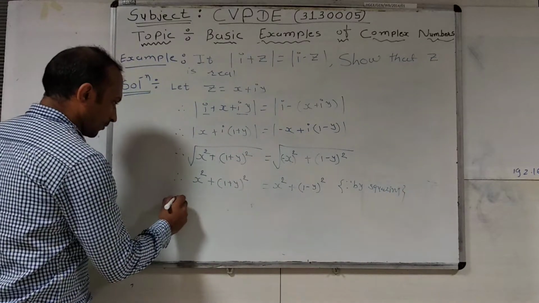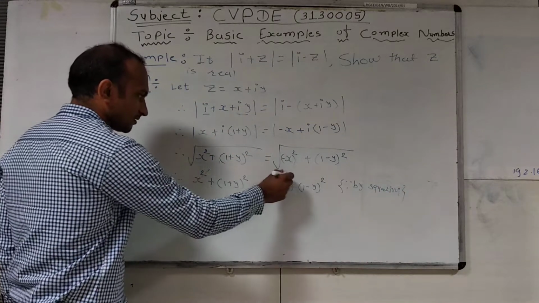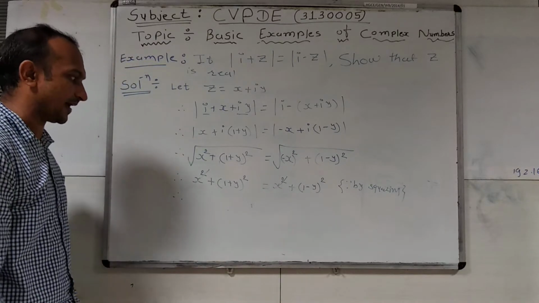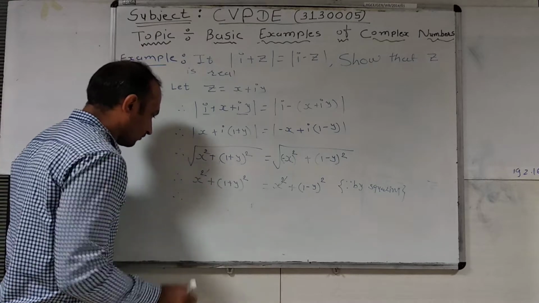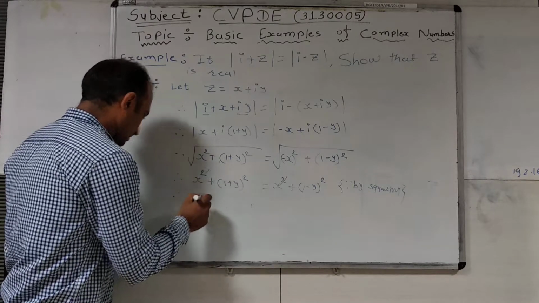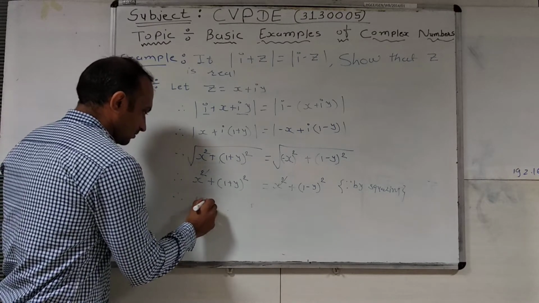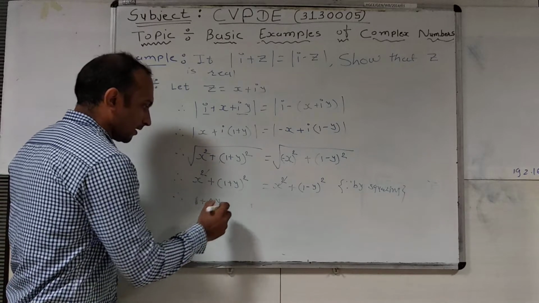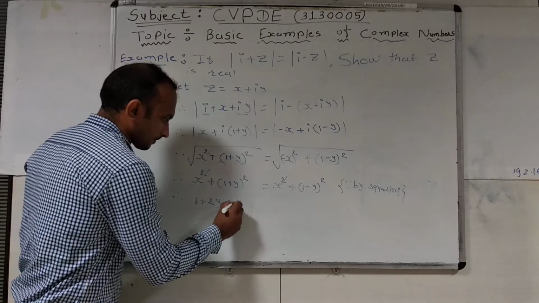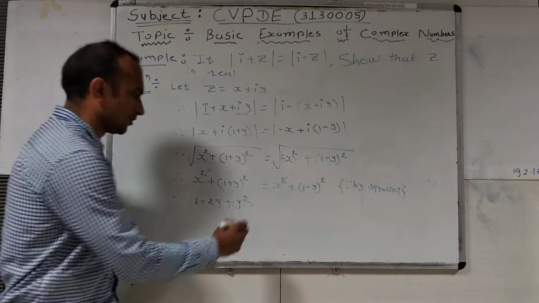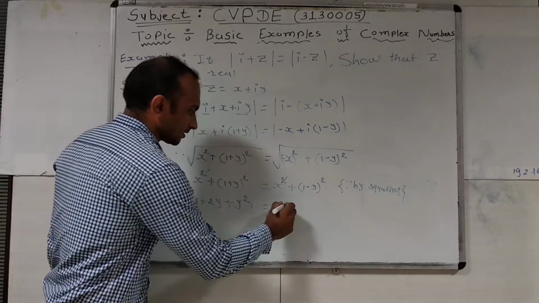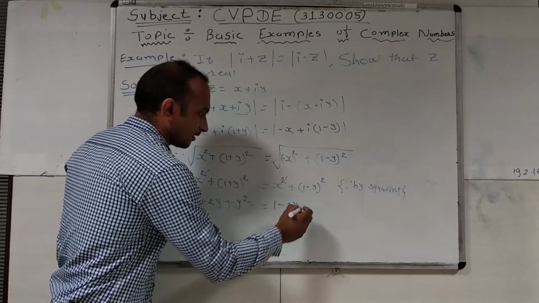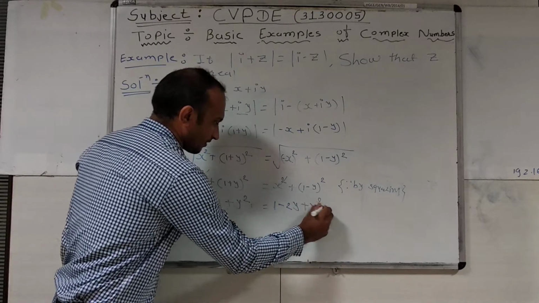Now on both sides this term is the same, so x square cancels. Now the expansion is 1 plus 2y plus y square equals 1 minus 2y plus y square.